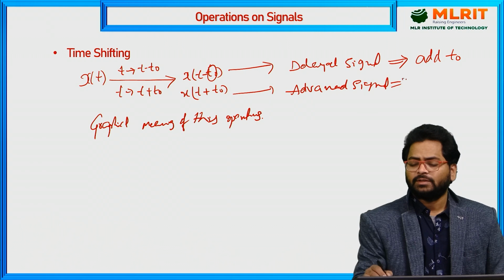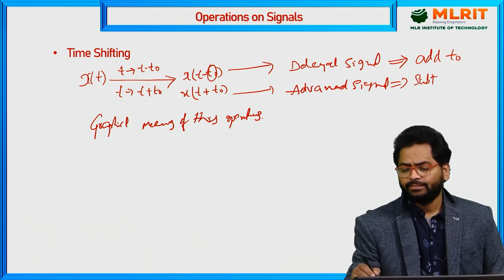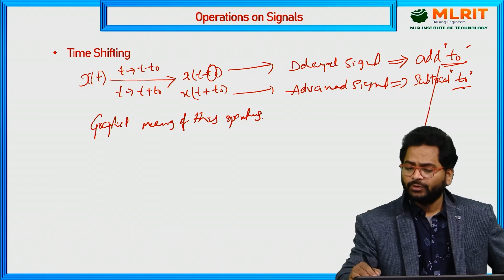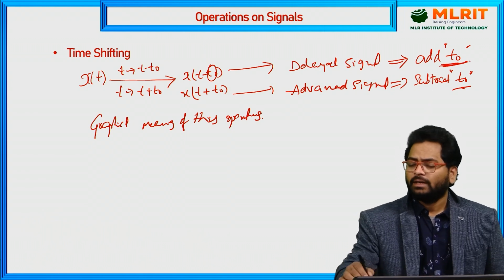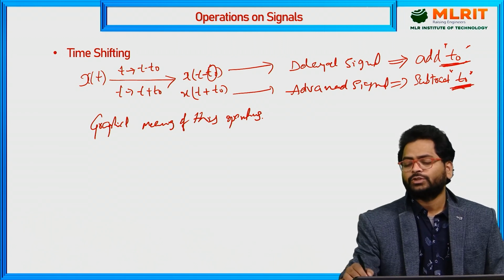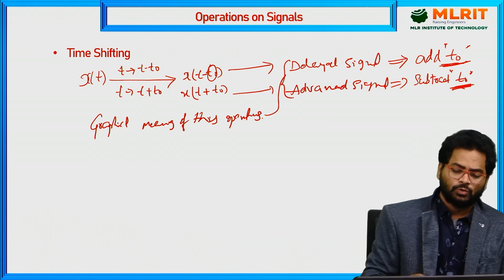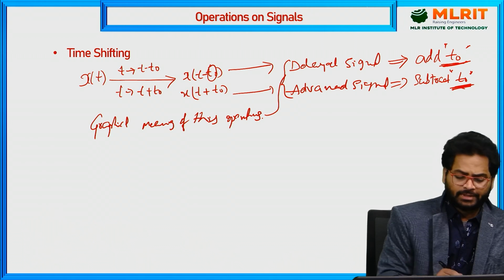For an advanced signal, which is already advanced, we subtract those t naught units, whatever it may be. This is the graphical meaning. Once we work through an example, we will understand it better.